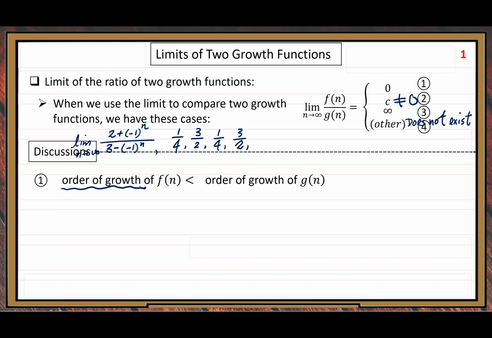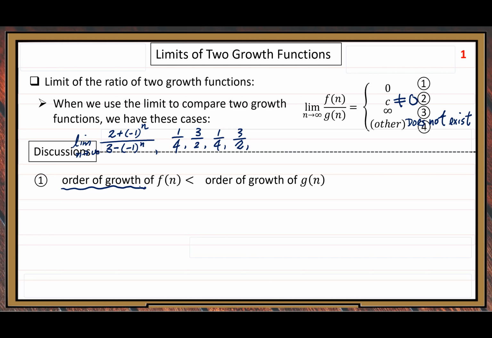We want to measure its growth rate, how fast it grows. So we need a number to measure it. So we use this order of growth. What's that order of growth? Later, I'll talk about that, after I finish these 4 cases.